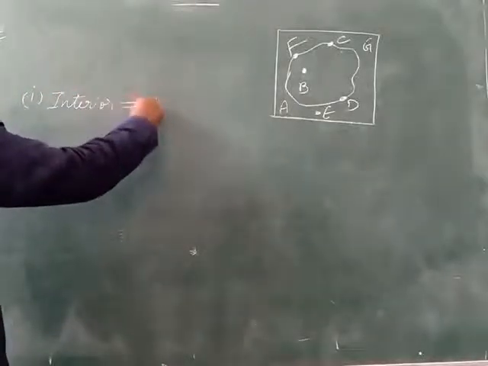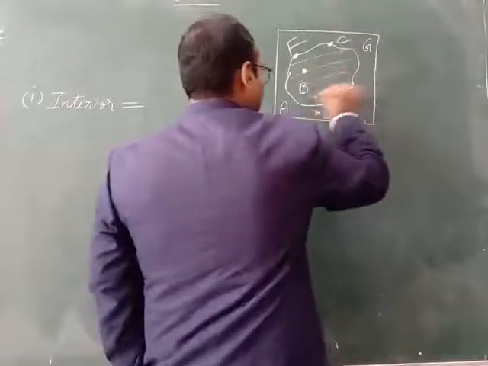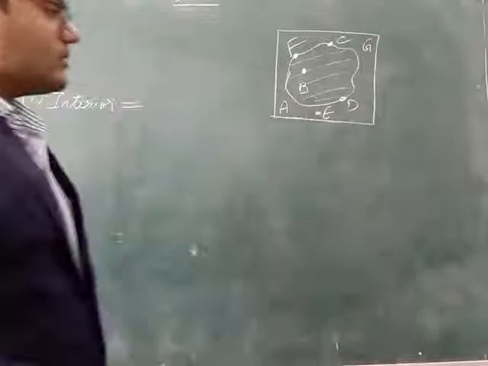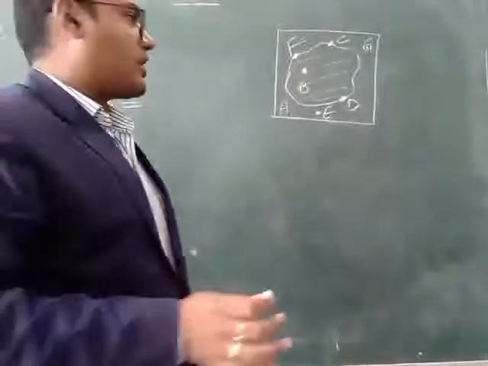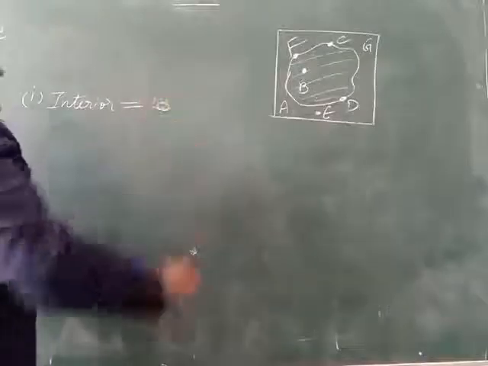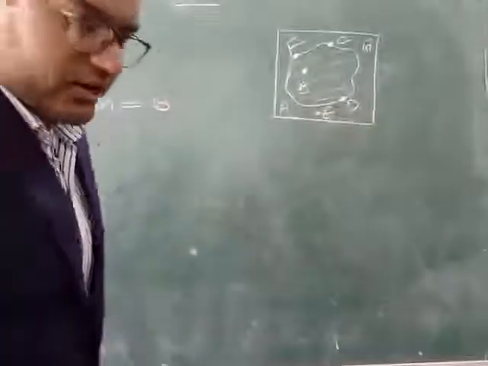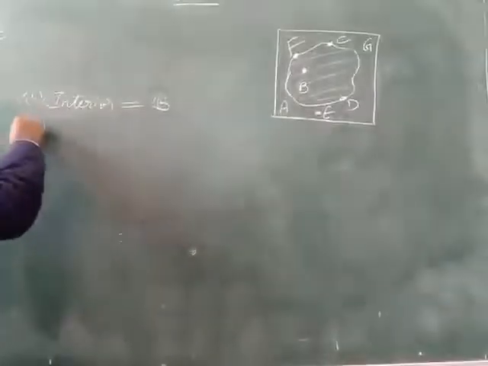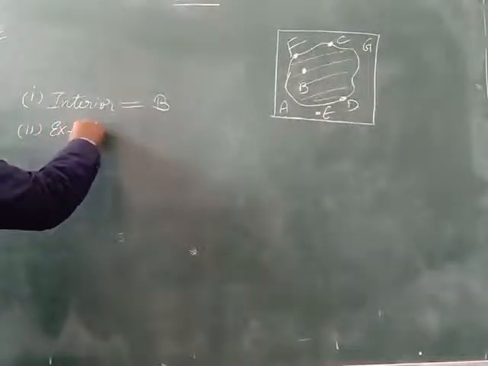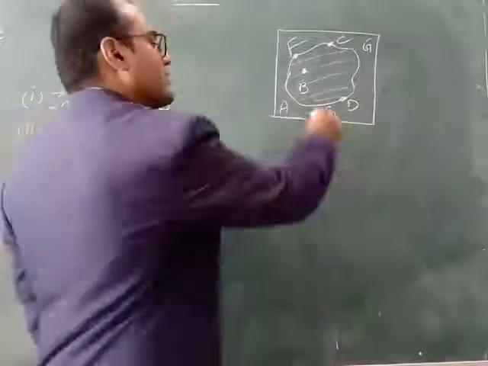Interior points are those which are coming inside this figure. Only one such point is coming inside the figure, that is point B. So we will write interior point is B. Second part, the points in its exterior. Exterior points are the points which are coming outside this figure.